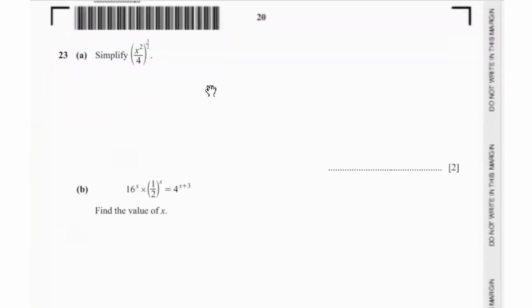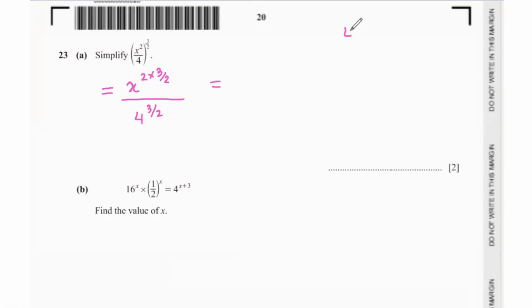Question 23 says simplify (x²/4) to the power of 3/2. So we're going to distribute the power on the numerator and denominator. Whenever there's a power outside the bracket and inside the bracket, you multiply them. That means it's going to be x to the power of 2 times 3/2. And over here, it's going to be 4 to the power of 3/2.